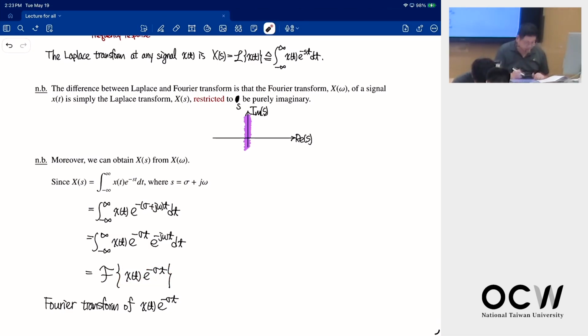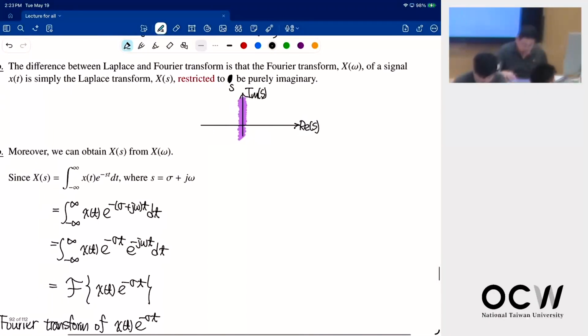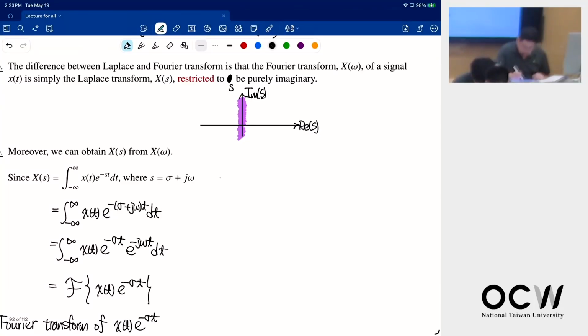So we will see here is sigma, and this is j omega, and here is your x.